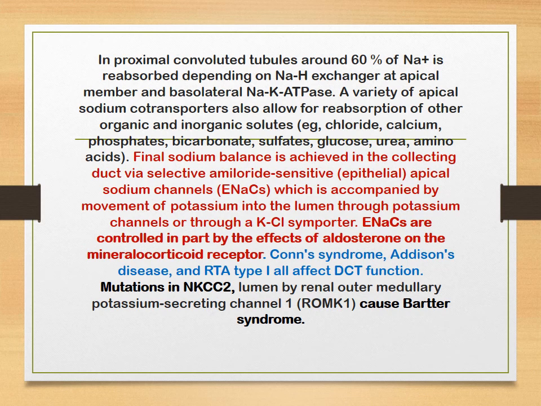Several pathological conditions may be found at the site of renal tubules: Conn syndrome, Addison syndrome, renal tubular acidosis type 1. A genetic mutation in the sodium, potassium, chloride electroneutral channel present at the thick ascending limb of the loop of Henle, and also a mutation in ROMK1, the renal outer medullary potassium channel, usually cause Bartter syndrome.